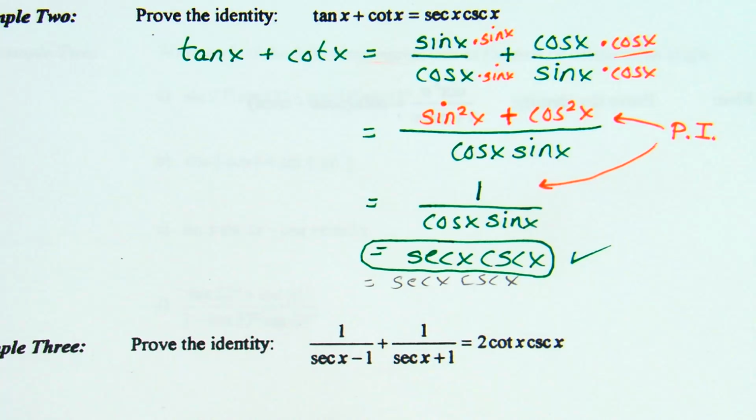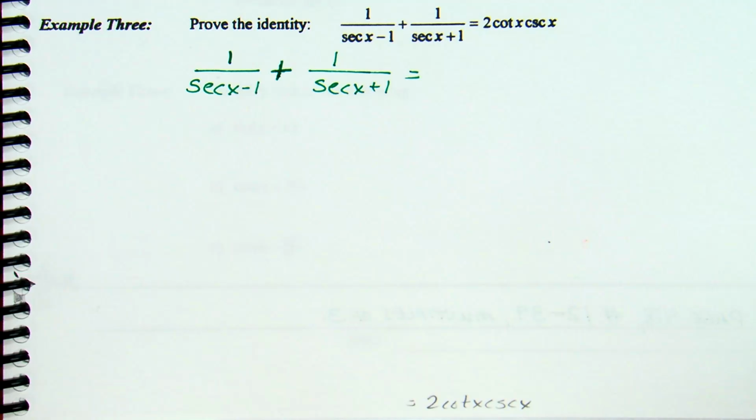What's our goal when we get down to the end? Two cotangent x cosecant x. That's my goal. It's not that you have to write it down ahead of time, but that's my visual for you of, okay, this is what you need to keep in mind. This is where we're headed.